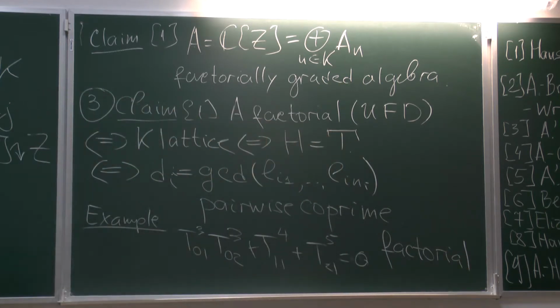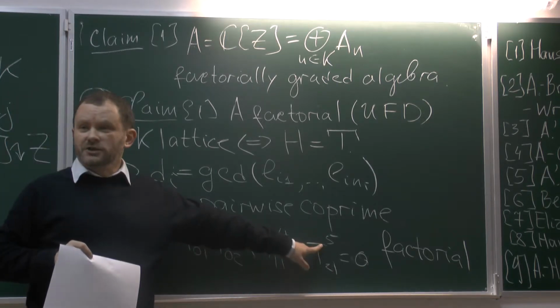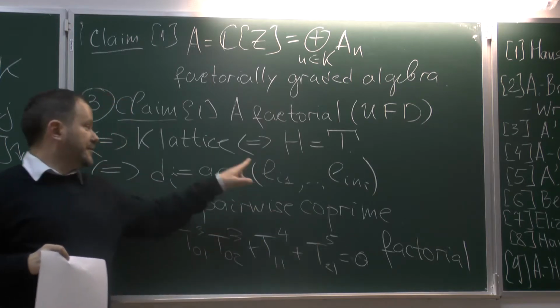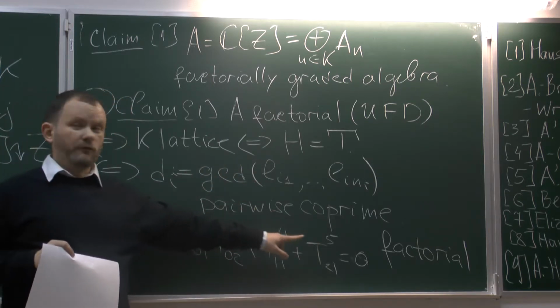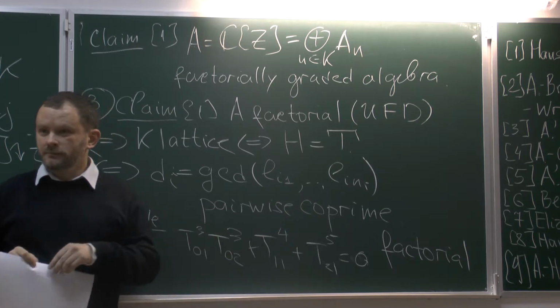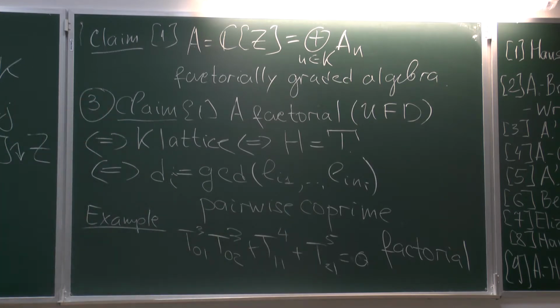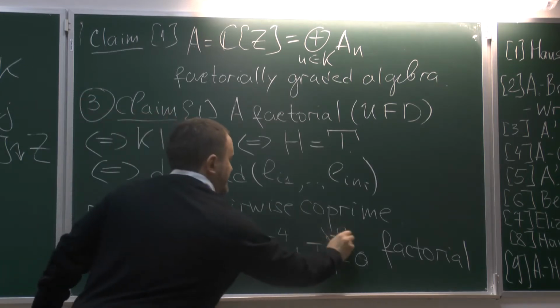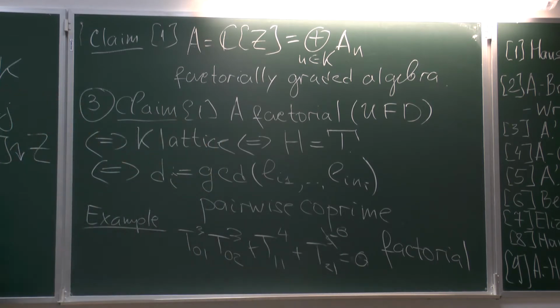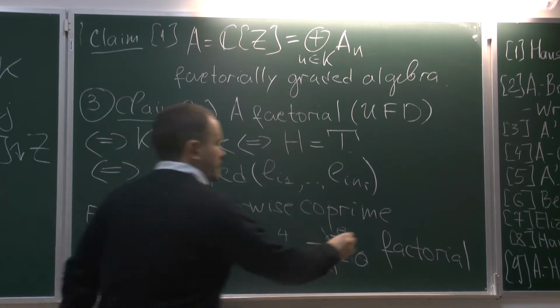What are the L's? Sorry? What are the L_i? Here we have 3 collections, so the first collection is 3, 3. The next collection is just one element, 4, and the last collection is just one element, 5. So these GCDs are 3, 4, 5, and they are coprime. But if I, say, replace 5 by 6, then it will be non-factorial.